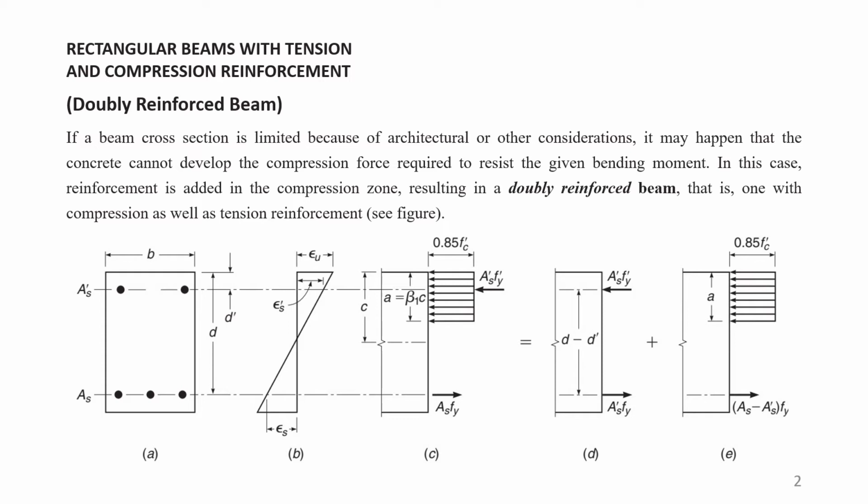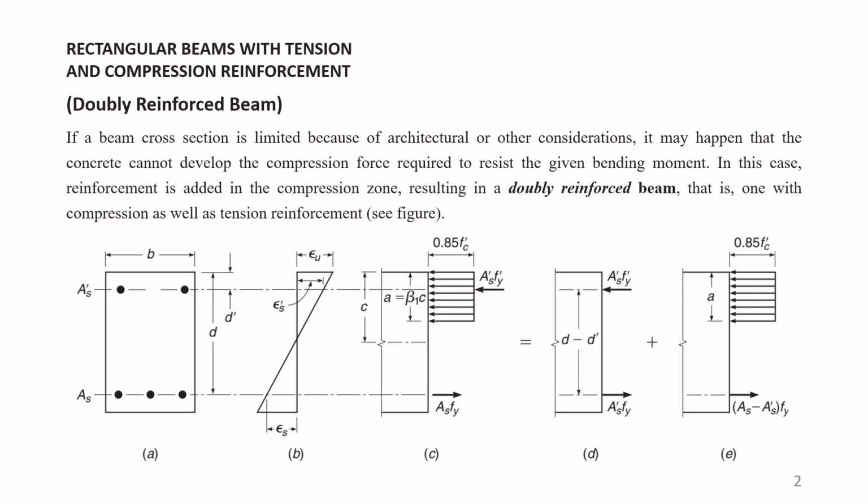The general form of the steel placement is shown in figure A. As we have shown two bars in the top and 3 bars in the bottom, that means it is a doubly reinforced beam. The top bar designation is AS prime and the bottom bar designation is AS. The normal steel area is denoted by the AS symbol, and AS prime is the symbol for the top or compression zone steel. And the next figure is B.